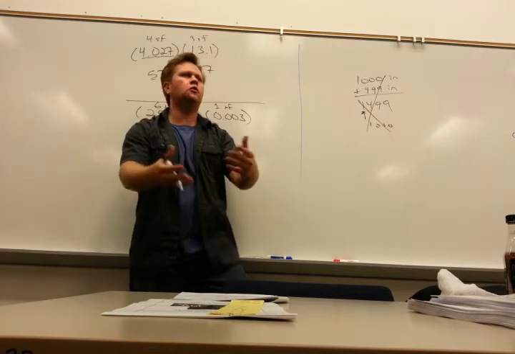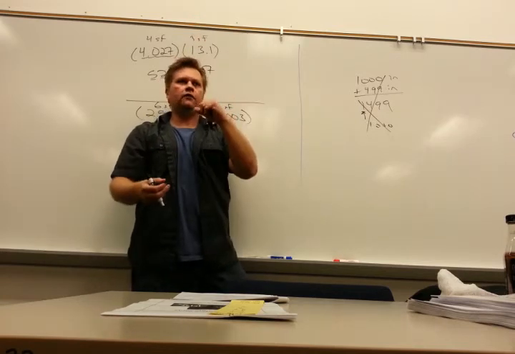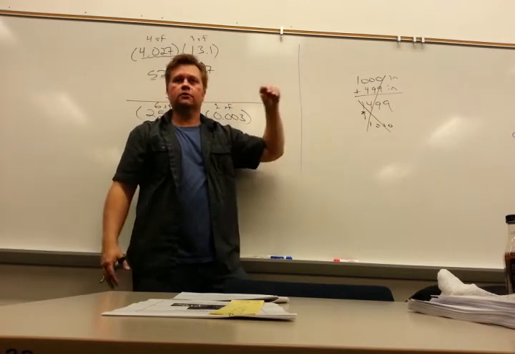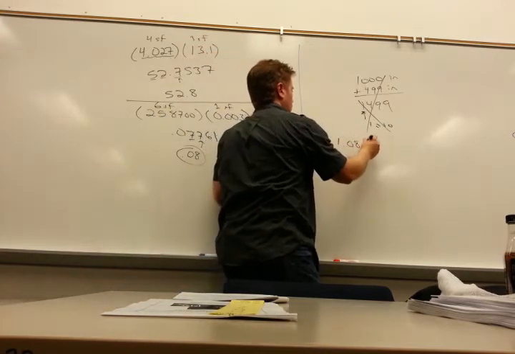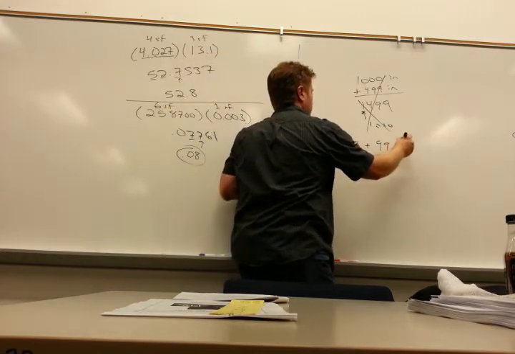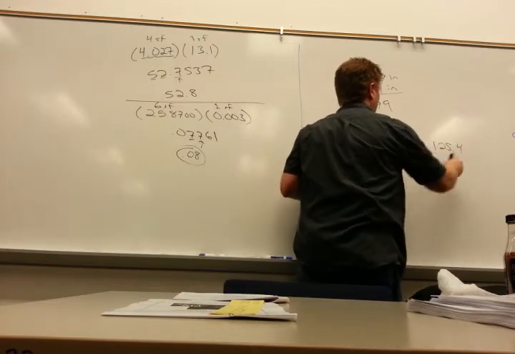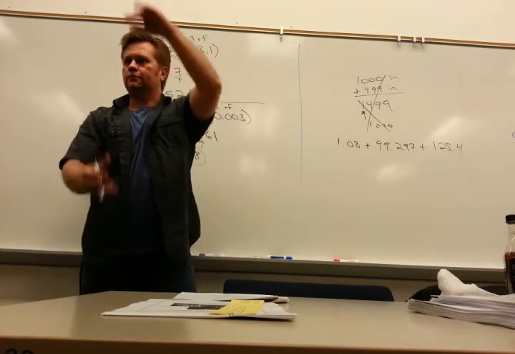And of course, what controls things when I try to set things up to add? When I involve the kind of numbers we normally see, which aren't always whole numbers. So if I had to add 1.08 plus 99.297 plus 125.4. What's going to rule the day when I try to set it up?